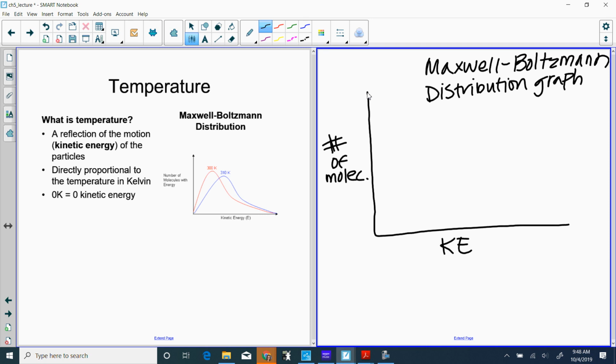Let's do cold first. So can you use your blue? At no point will something have no kinetic energy. That's called absolute zero. It does not exist. So this is like a limit, an asymptote, where you get close but you can't touch it. It's not an actual thing.